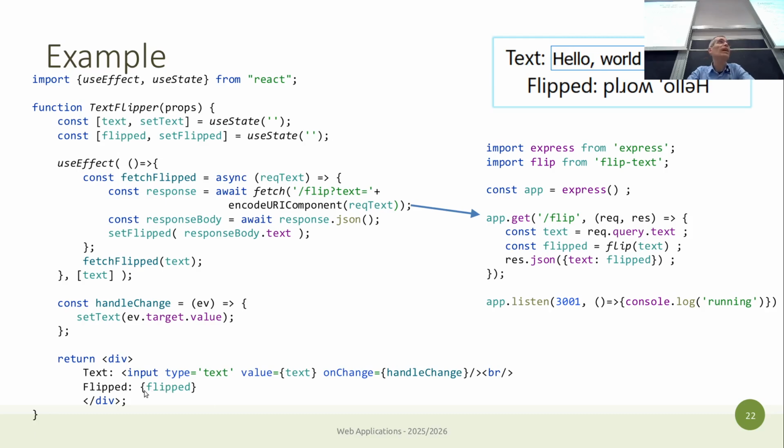When you get information from the server, since it's an asynchronous event, if you want to display it, you need to put it into a state, because you need to trigger a re-render. And the only place where you can put new things, which is not read-only like props, is a state.